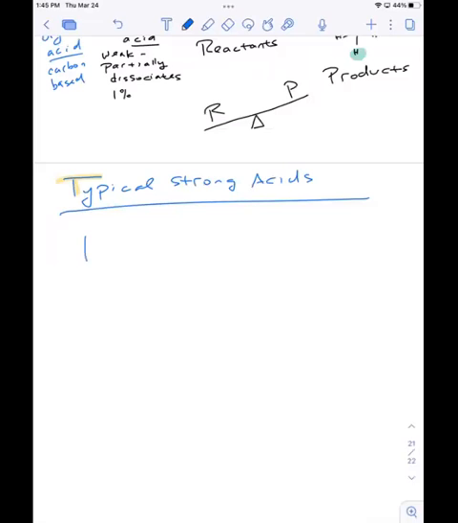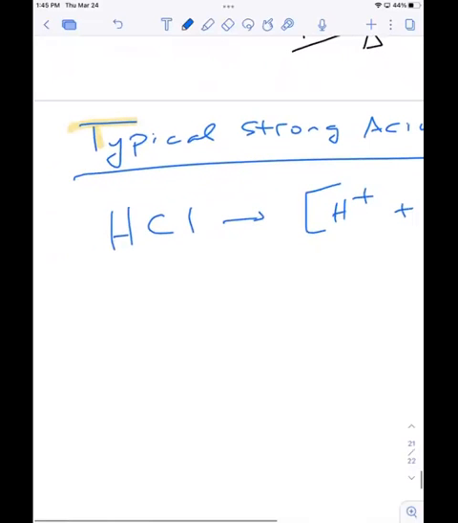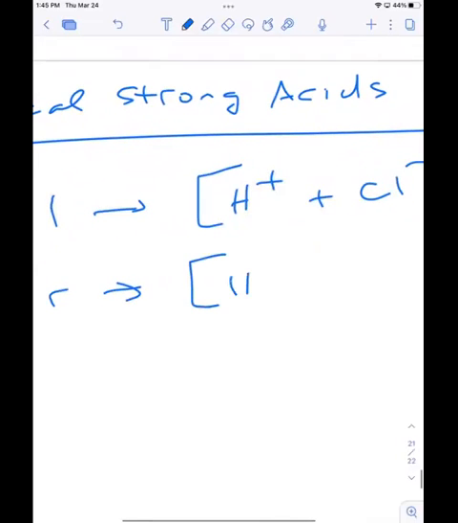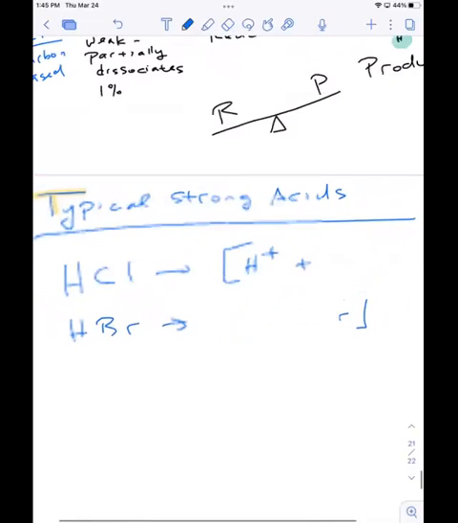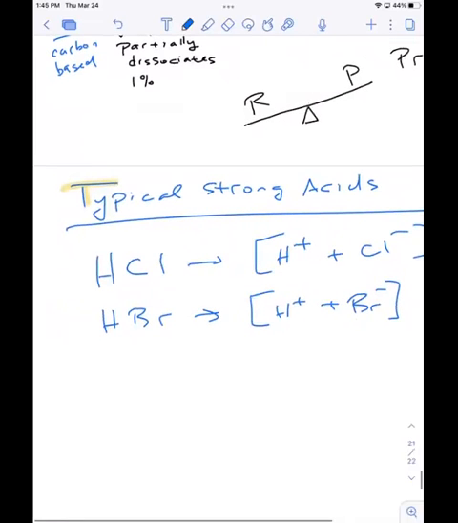So HCl, if I add this to water, I'm going to get H plus Cl minus. It's going to fully dissociate. Same with HBr, I'm going to get H plus Br minus. All strong acids fully dissociate when they're in solution with water. HI, same thing, H plus I minus.